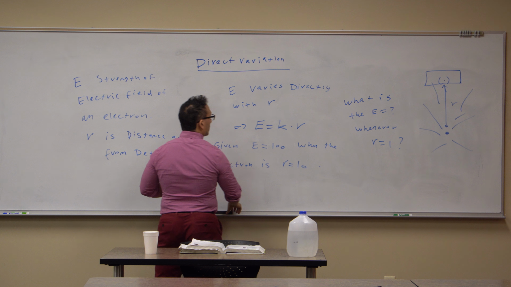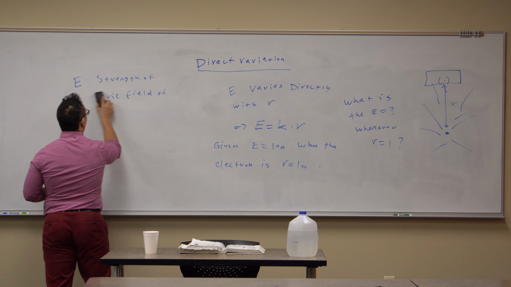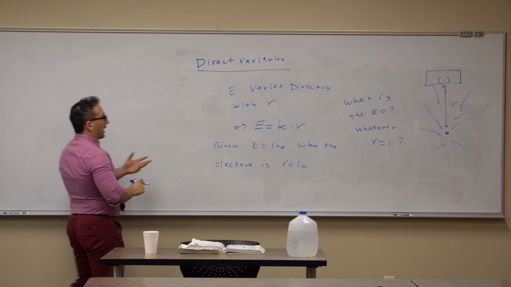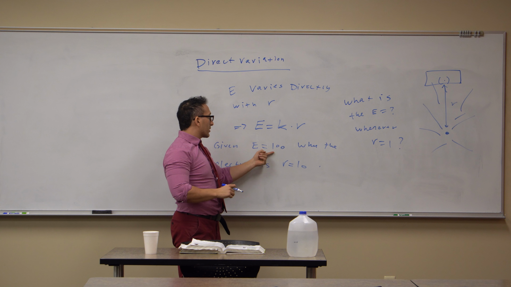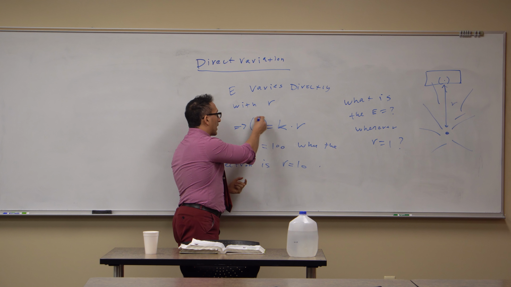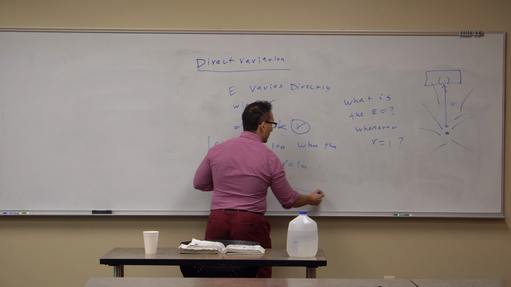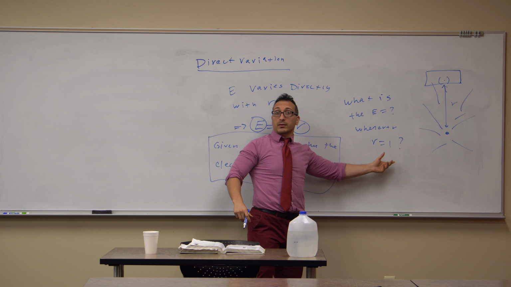Okay? So the way we solve this problem here is first we must solve for K. Okay? The way we do that is we have three variables in this equation. E is equal to K times R. We were given information about E, and we were given information about R in this first statement right here. We'll use that to solve for K to answer the second statement.